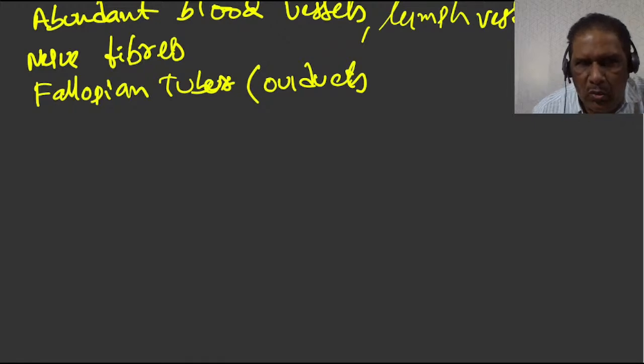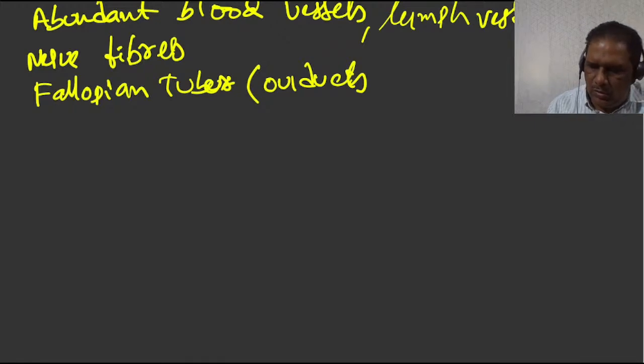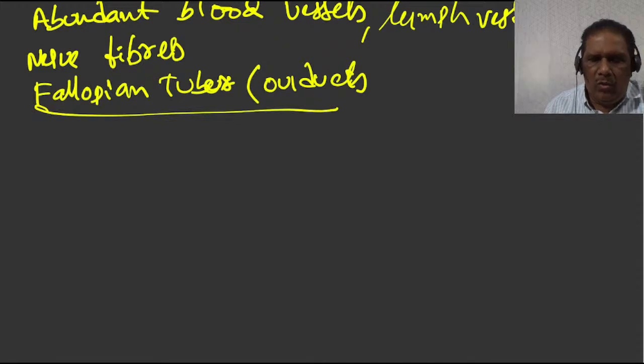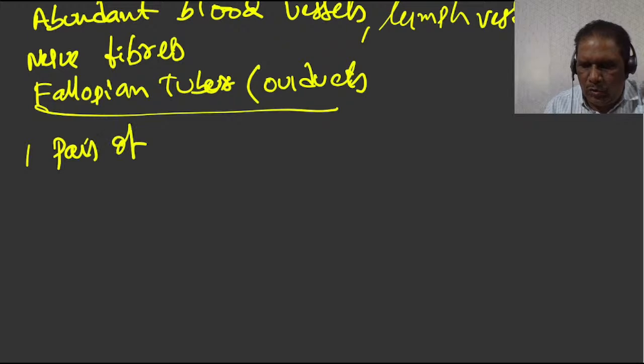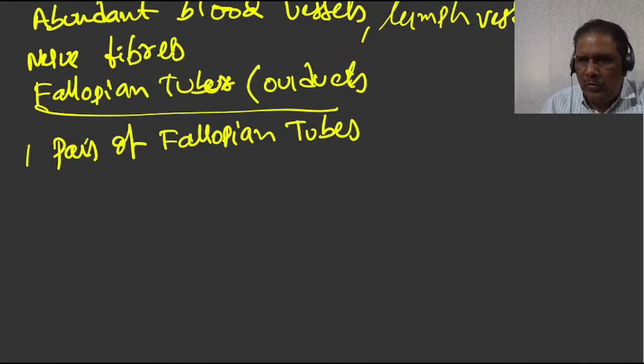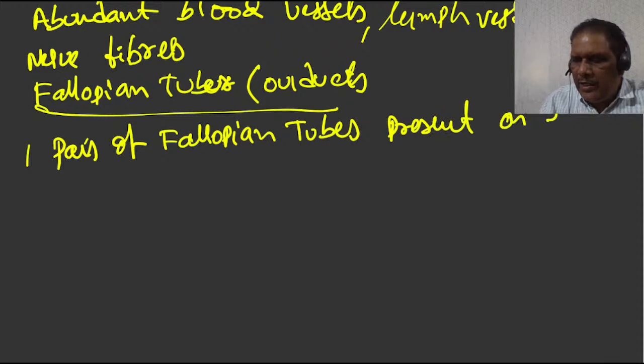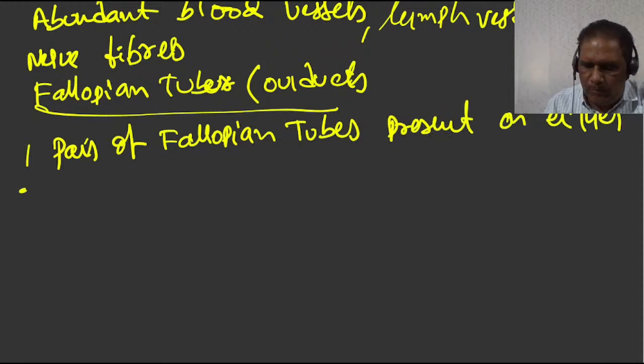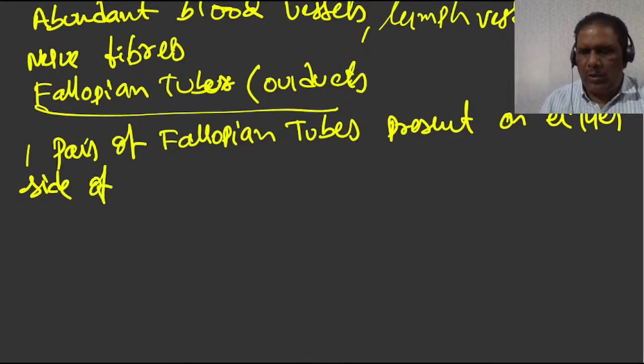One pair of fallopian tubes is present on either side of the uterus.